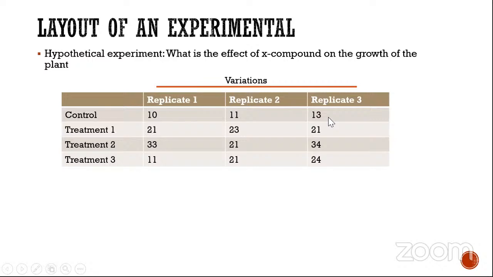removed in our experiment. And here we have given a known concentration of the X compound. We know the concentration of the X compound in treatments 1, 2, and 3, and in the control also. So we can estimate the variation between these different treatments, and the variation between replicates.